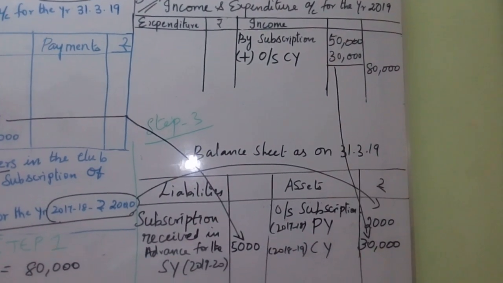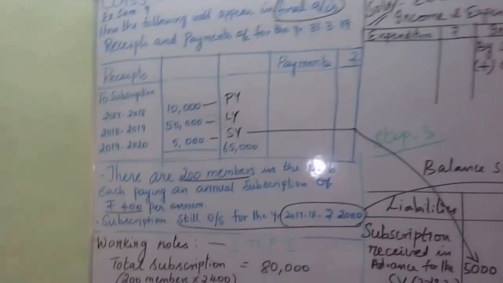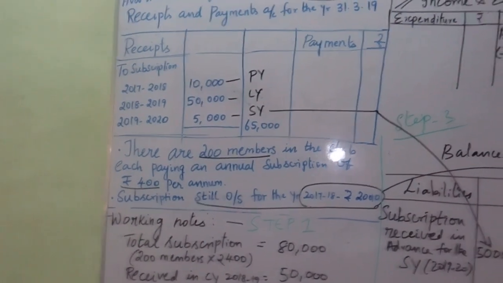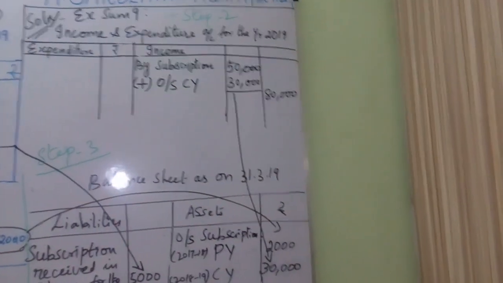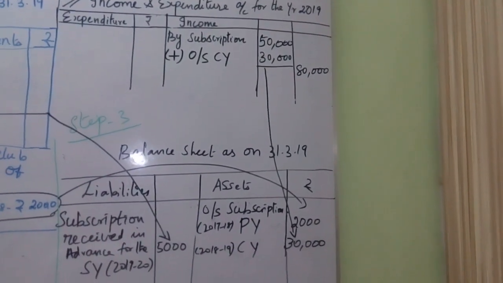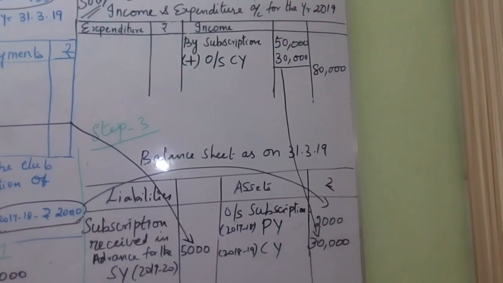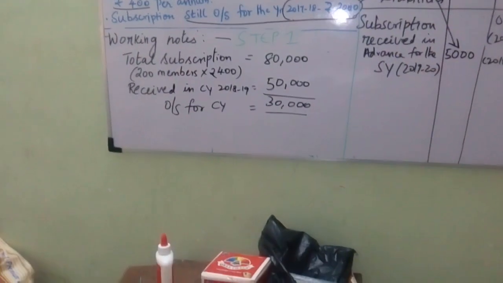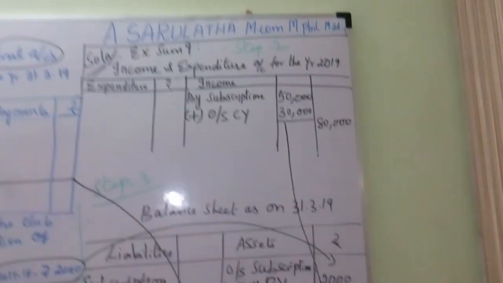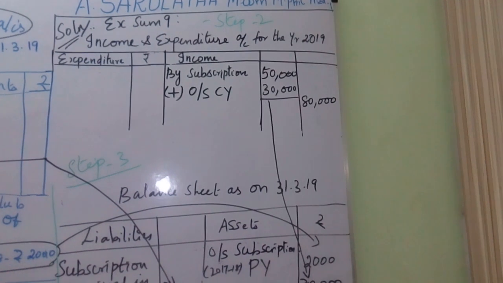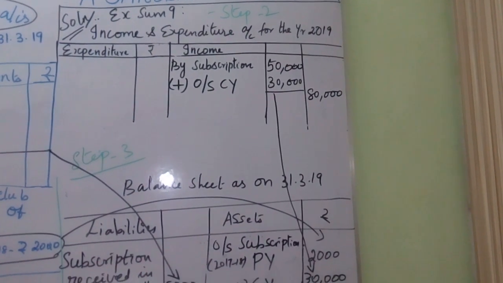From where did we get the 50,000? 2018-19 is the current year, 50,000, that we have to put on the income side by subscription. Next step is outstanding, we have to add. So the current year outstanding we have found out here in the working notes, 30,000. With that, we add the current year subscription plus the outstanding for the current year, and the 80,000 we have to show in the outer column.